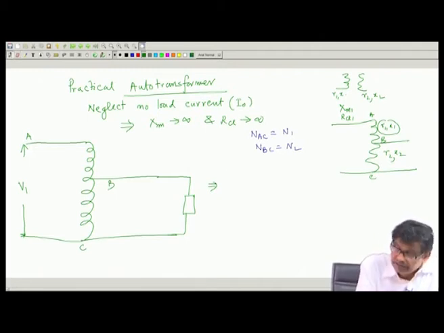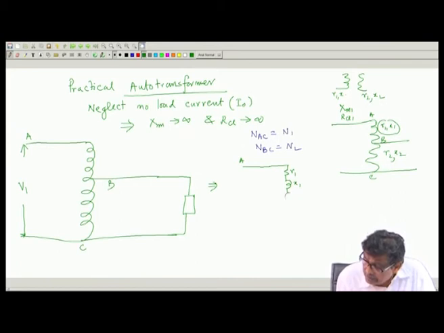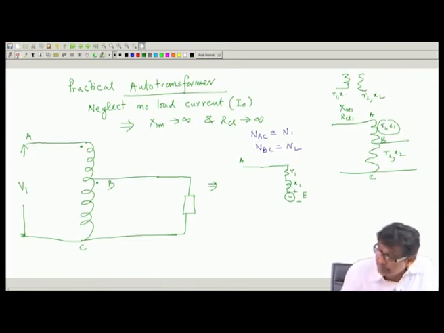I start from point A, V 1 is the supply voltage, then just like a two winding transformer there will be R 1 X 1, which will only cause an extra voltage drop, and then will come your E 1, and these two are dots. I am not sure whether it will be E 1, I will write what it will become.